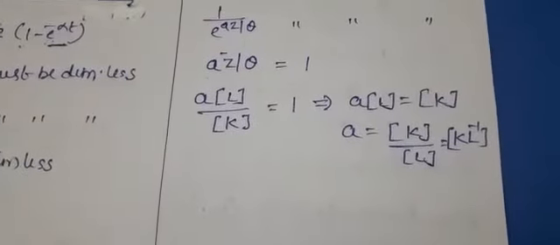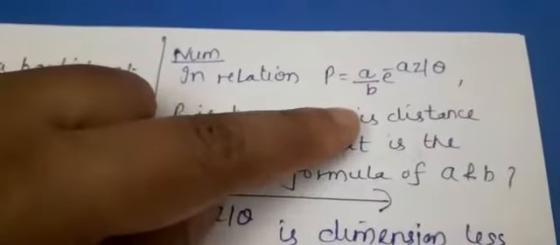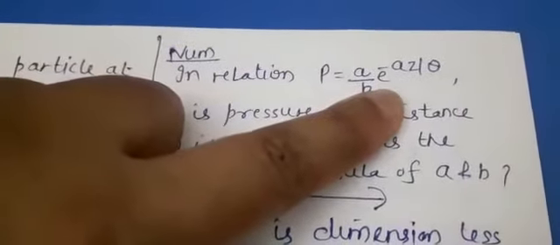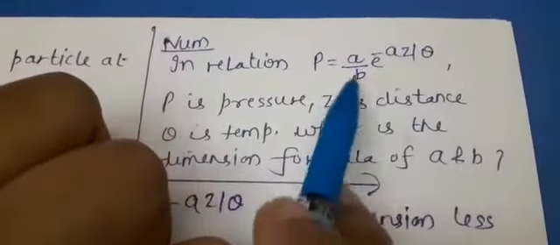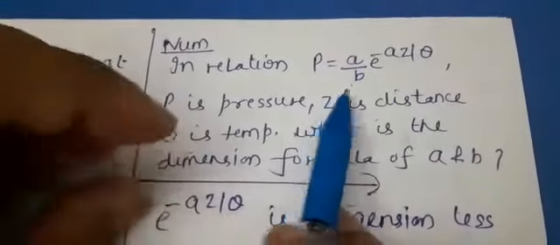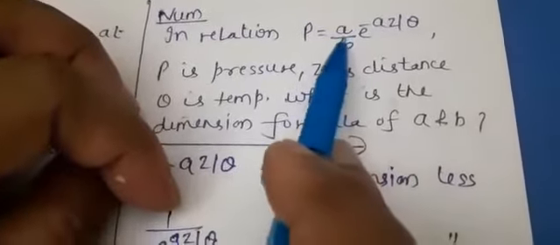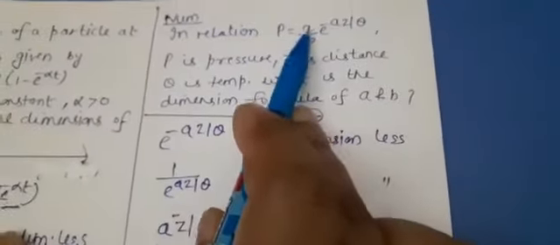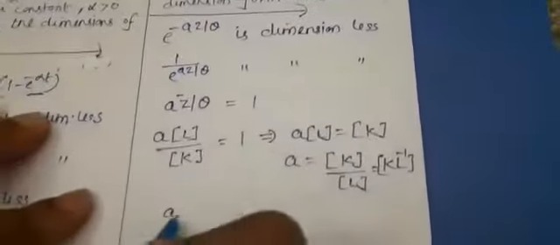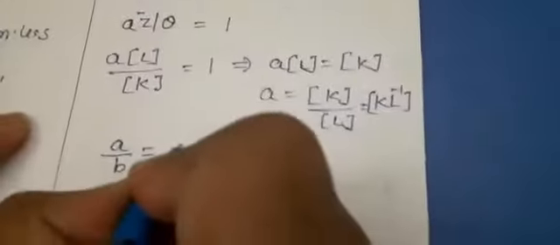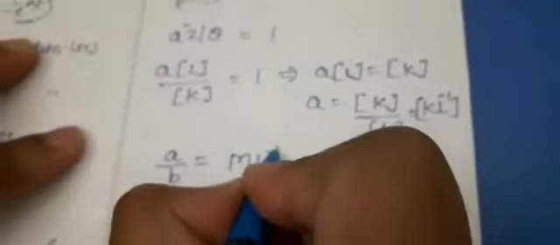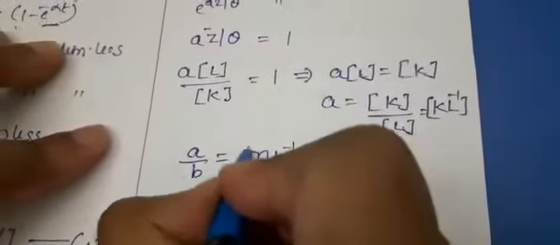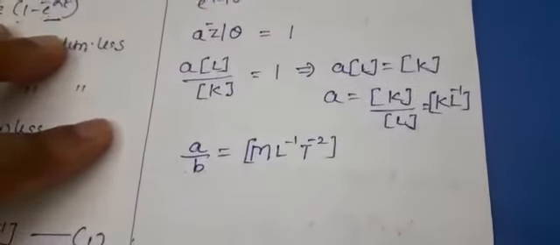Now, in the statement A upon B is multiplied by the exponential function, which is dimensionless. So what is left? A upon B, of which we have calculated the dimension formula of A. So A upon B must have the dimension formula of pressure, and pressure has the dimension formula M L minus 1 T minus 2.